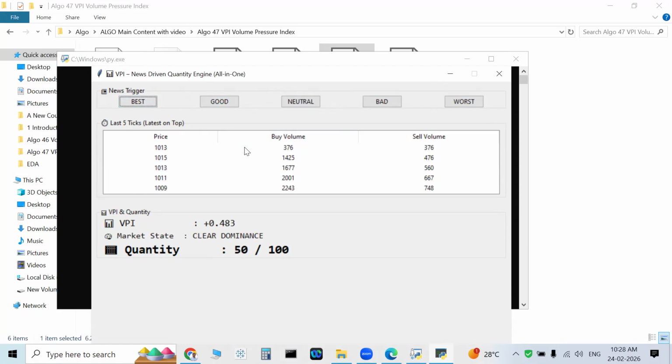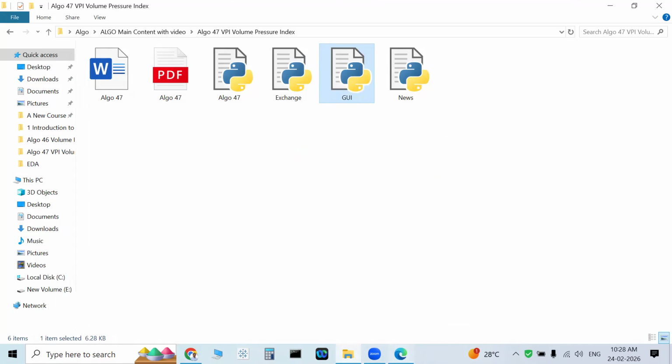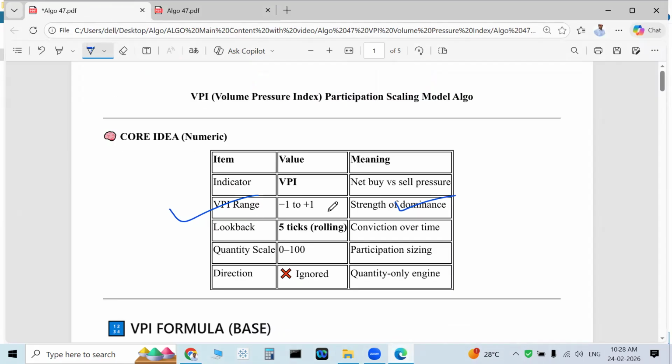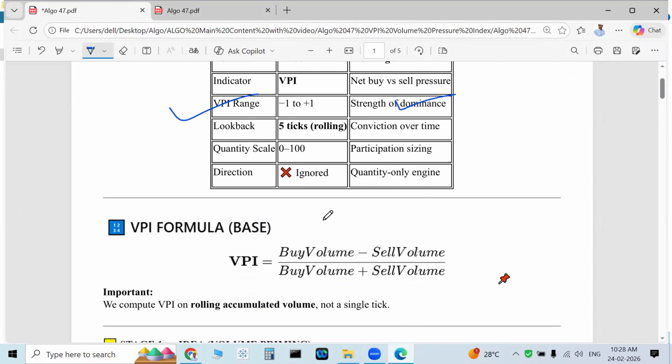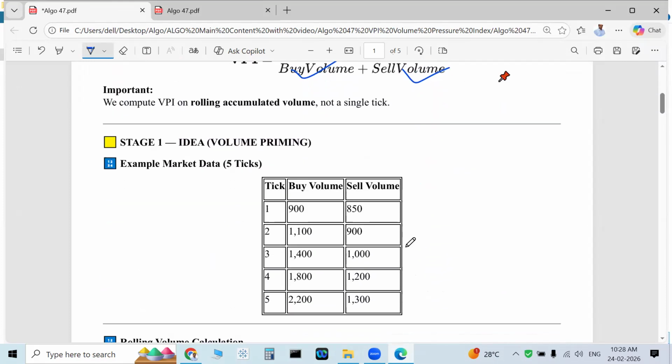Now I'm going to show you how it happens in the actual calculation. The actual calculation works this way. We collect the 5 prices from the market, and the buyer volume minus seller volume over buyer volume plus seller volume. This is basically the rolling volume which we are accumulating from the market. Let me show you this.